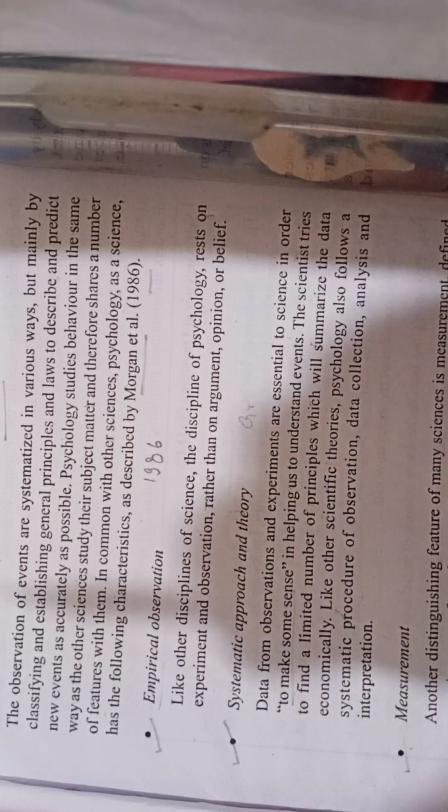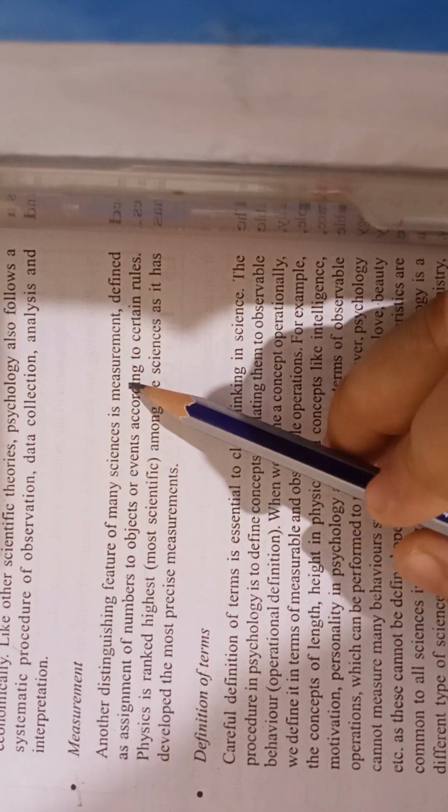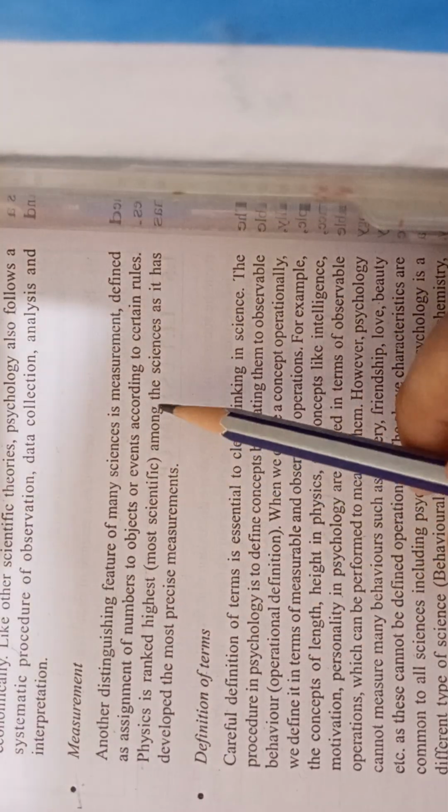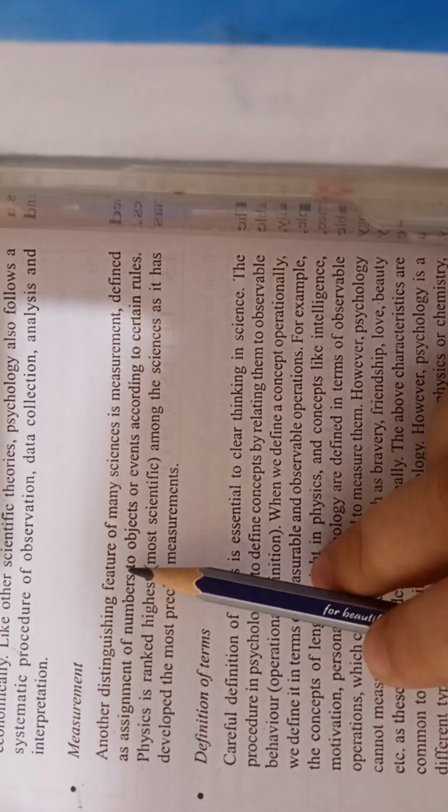Now, the next one is measurement. Another distinguishing feature of many sciences is measurement, defined as assignment of numbers to objects or events according to certain rules.